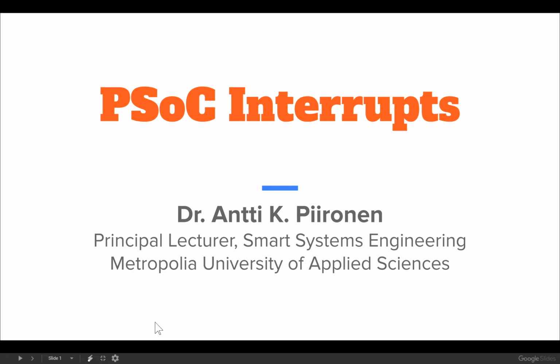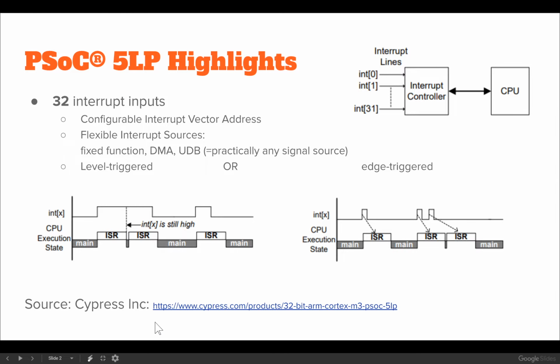PSoC interrupts are basically on the 5LP. We have this 32-bit ARM Cortex-M3 processor. It has 32 interrupt inputs, meaning you can have 32 different interrupt service code segments on the system and 32 interrupting things.